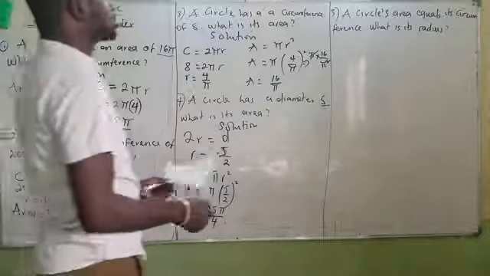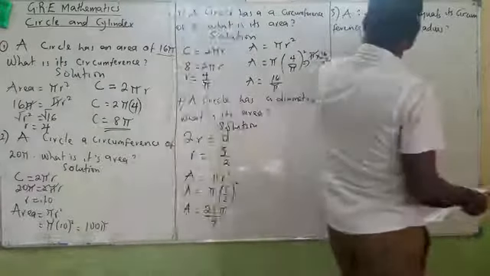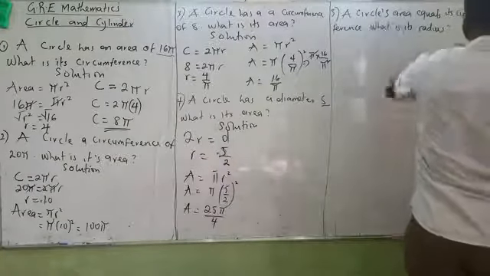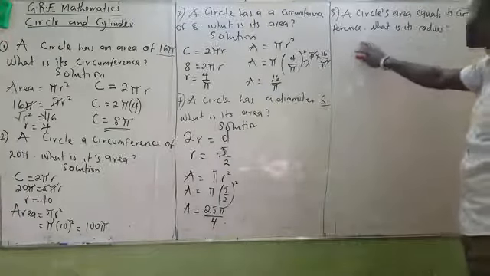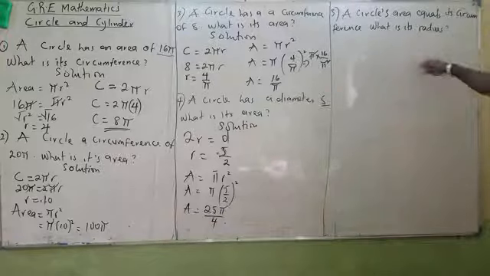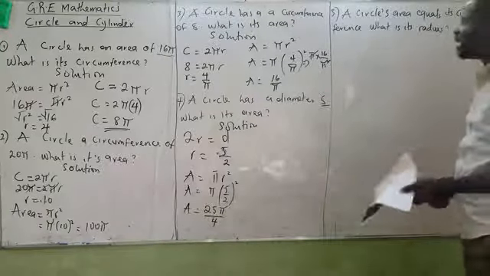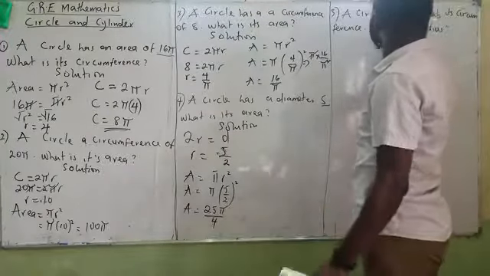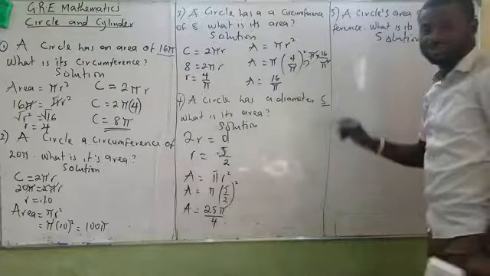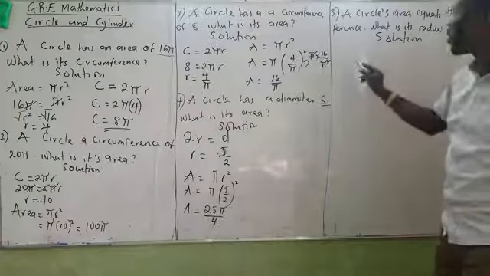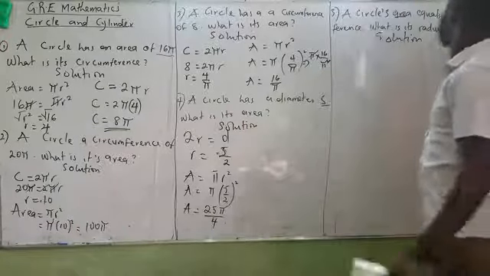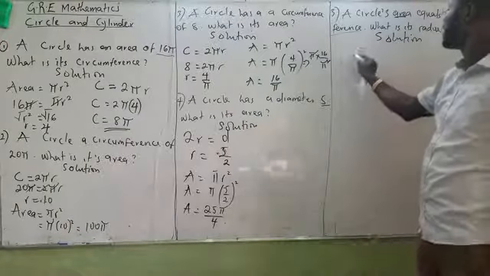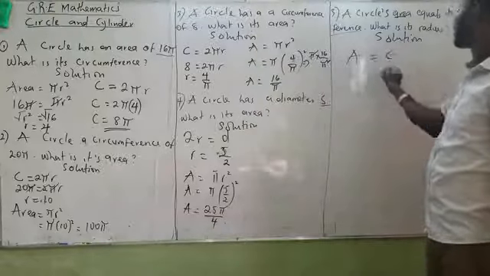Now, the last question here. A circle has its area equal to its circumference. What is the radius? When you have something like this, it is very simple. The area equals the circumference.